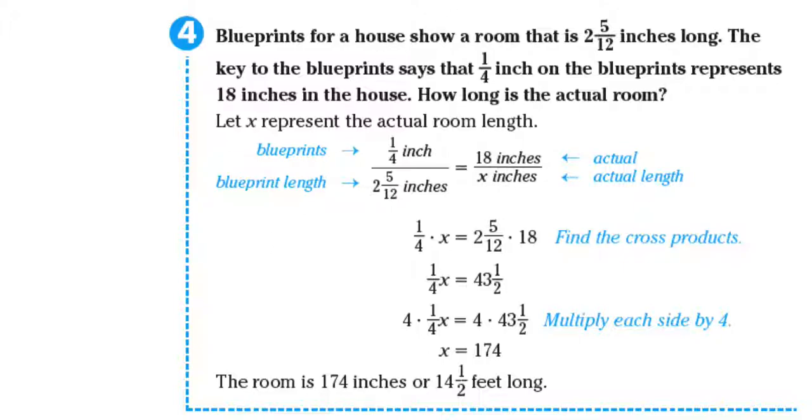Okay, another way you can do this, remember we talked about relationship between ratios, is that if you create 1/4 inch right here, which is blueprints, and make it over 18 inches, which is the actual length or the actual house.